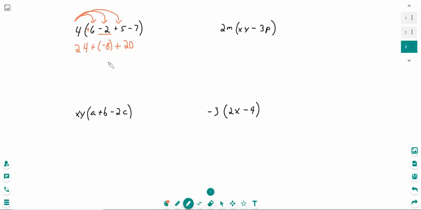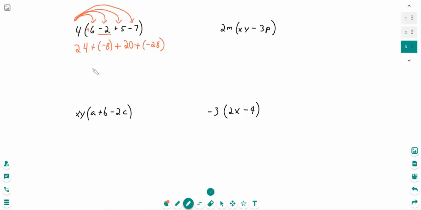Now I'm going to be adding that to the next one, which is 4 times the negative 7, which is a negative 28. And again, I don't like positive, negative in a row, so I'm just going to write that as a parenthesis, negative 28. All right, so now I have distributed the 4 over all of this addition.